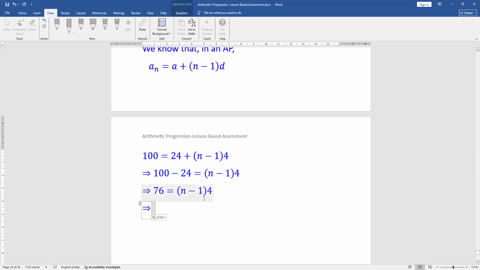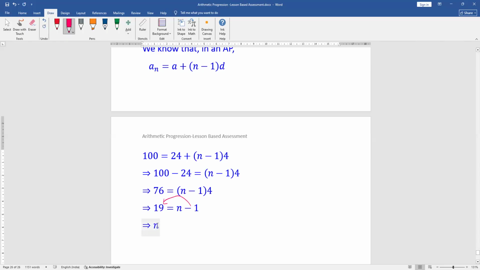So here, total how many times it goes? 19 times. 19 equals n minus 1. Then, what is the next step? Right, or n equals. So minus 1, move to the LHS part. So that means 19 plus 1 we get, correct?